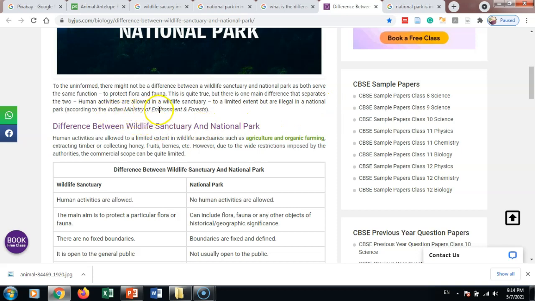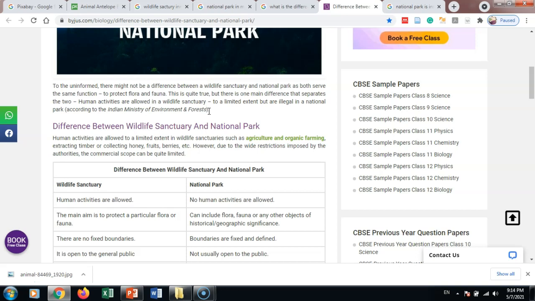Human activities are allowed in a wildlife sanctuary. Okay, so this is the same case as we talked about in biosphere reserves, but human activities are not allowed that much. In the case of biosphere reserves, many more activities are allowed.